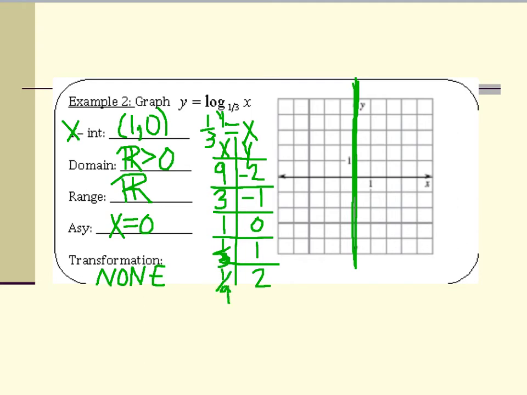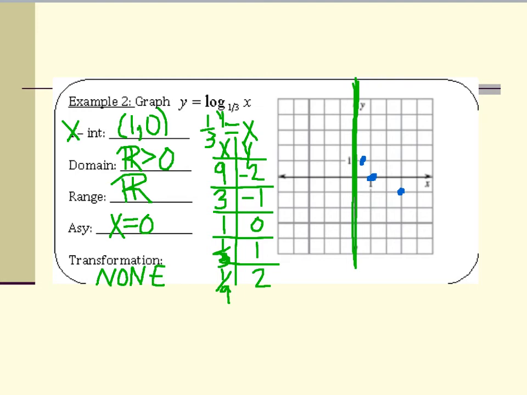Let's now plot these points. I'm just going to pick a different color to plot these points in here. And if I tried to graph 9, -2, that would be definitely off my graph. So I'm going to graph 3, -1, which would be right here. There's 3, -1. 1, 0 is going to be right here. 1/3, 1 would be right about here.